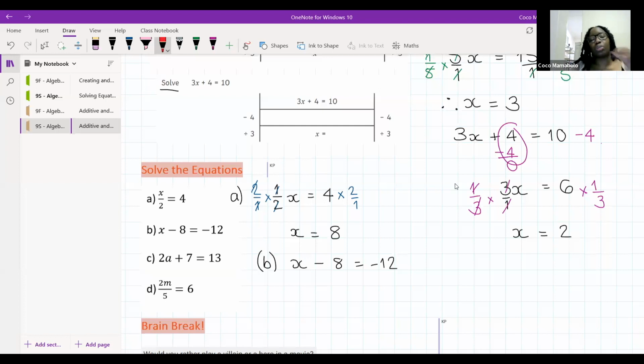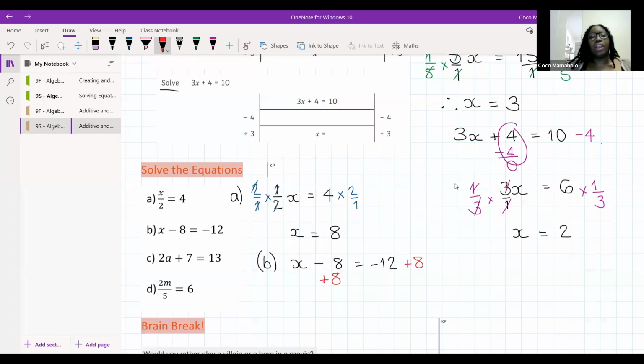So which one would I then have to use? Addition. Good, we need to use the additive inverse. What is the additive inverse of negative 8? Positive 8. Plus 8. And if I do it on the left-hand side, you have to do it on the other side.